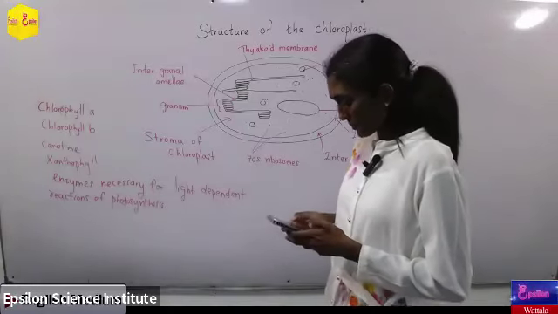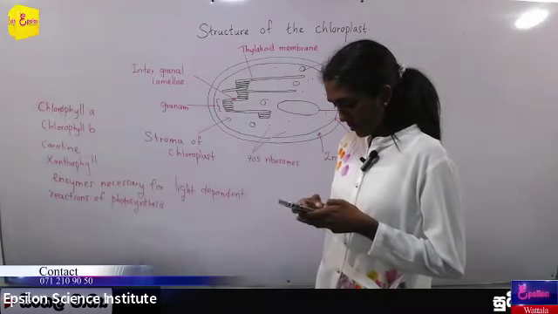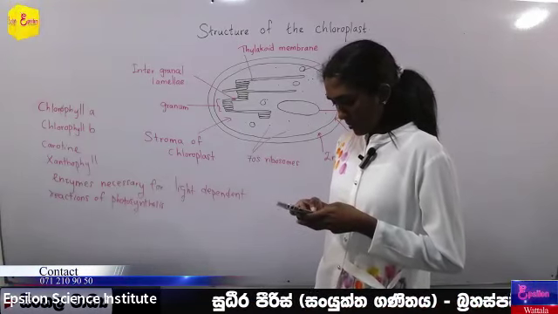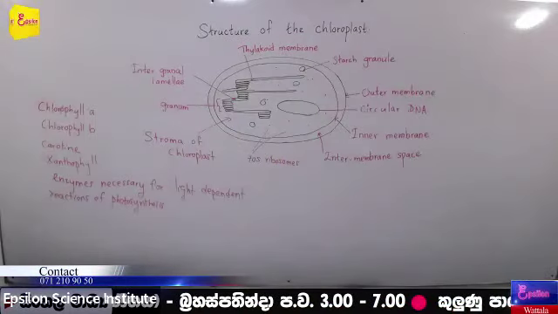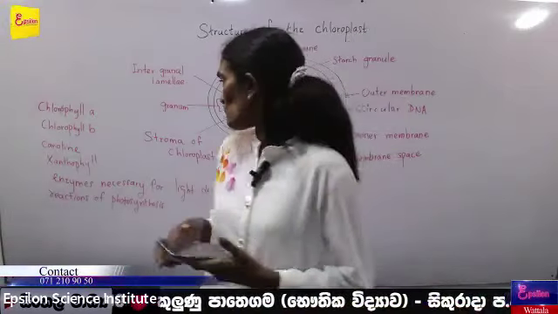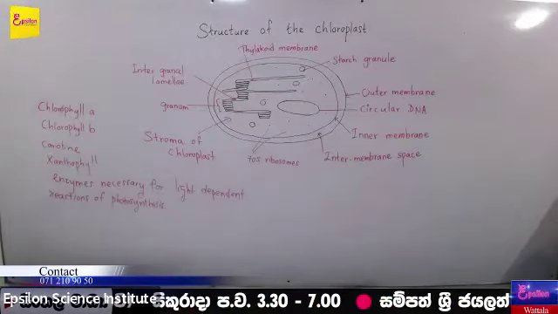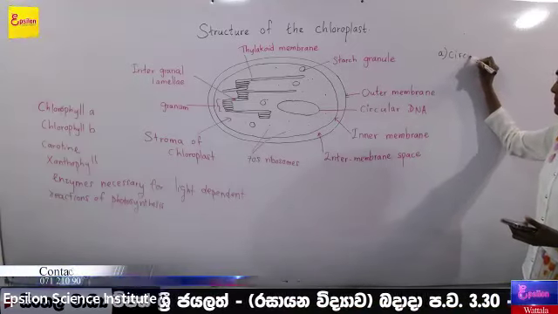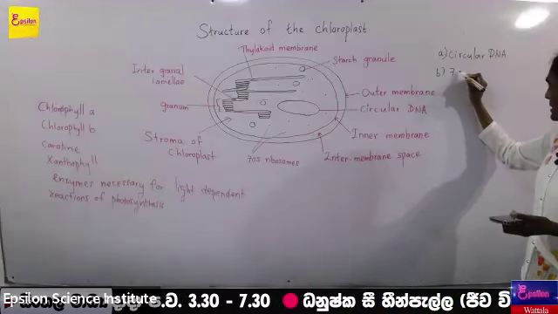Next one. Stroma also has, we write as a list: A, circular DNA. B, 70S ribosomes.